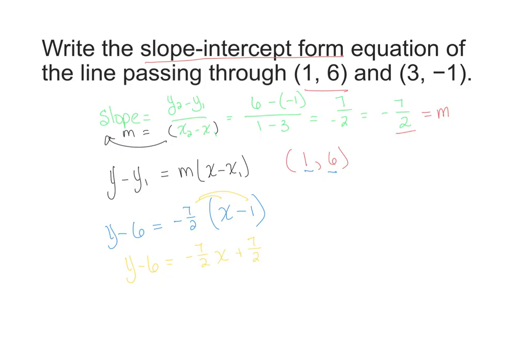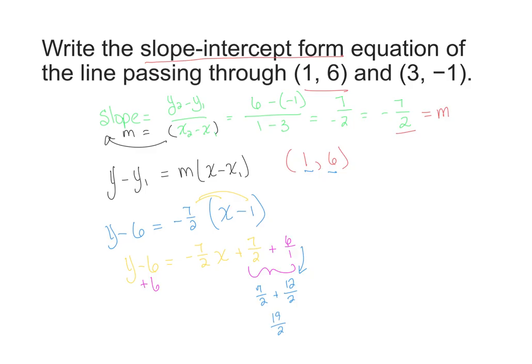And then, of course, we are going to do the final step, which is moving that 6 over. Remember, this needs a common denominator. So we're going to say 7 halves plus 12 halves. 12 halves is just 6 with the common denominator. That gives us 19 halves.